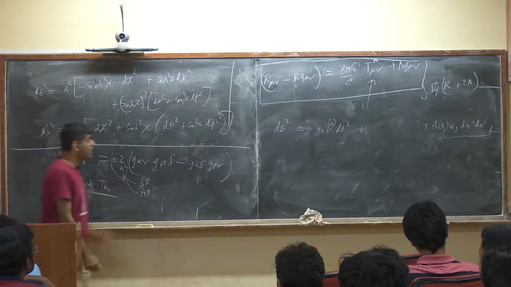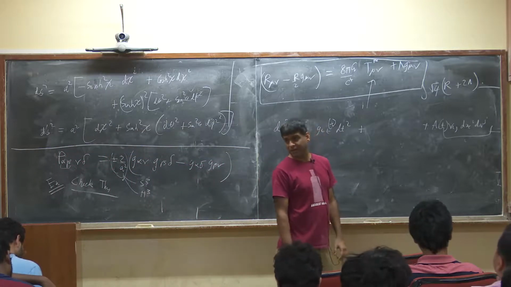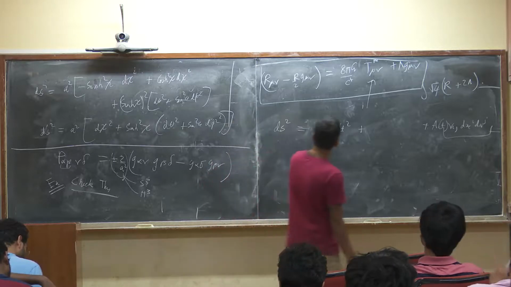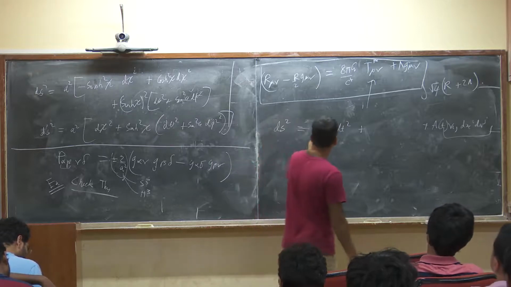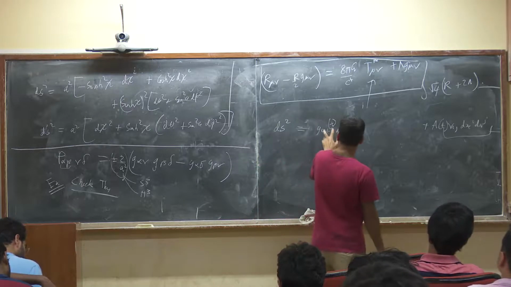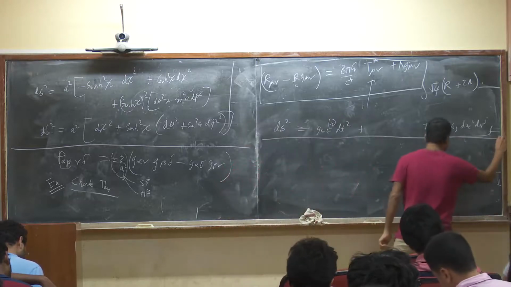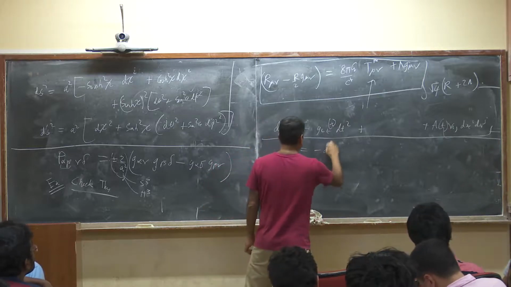Okay. Now, so far we haven't said anything about what our t coordinate is. There are two choices of t that are sometimes convenient. A, to make this whole thing d tau squared. ds squared is equal to minus d tau squared.